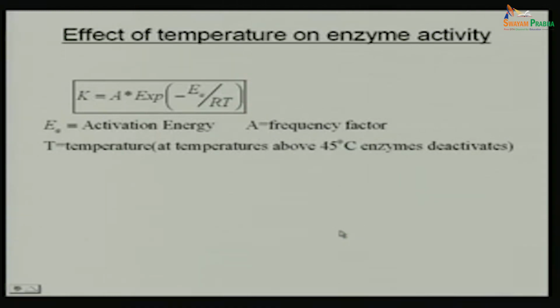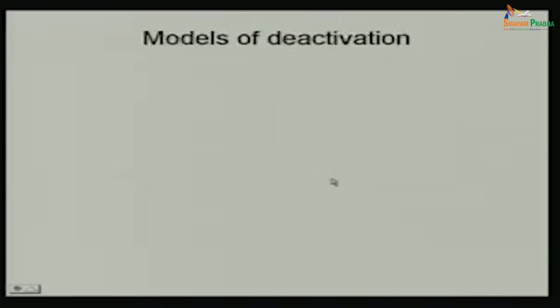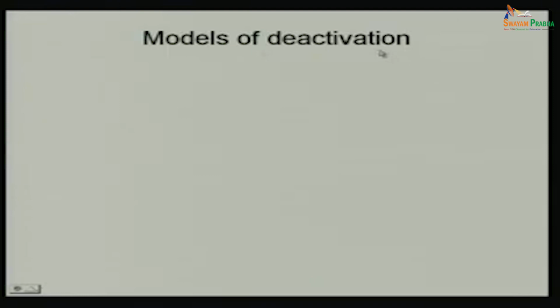Fine. Now, the next thing we look at is the effect of deactivation. At temperatures higher than 45, we said that it deactivates. Now, what is the mechanism of deactivation? If I ask you, what do you think could be the mechanisms of deactivation?